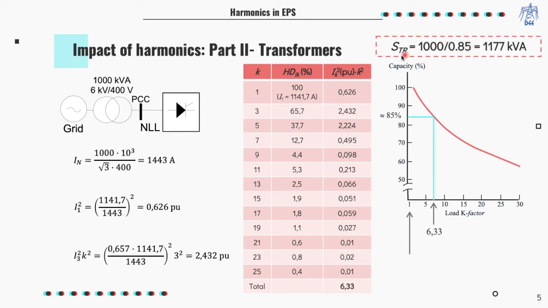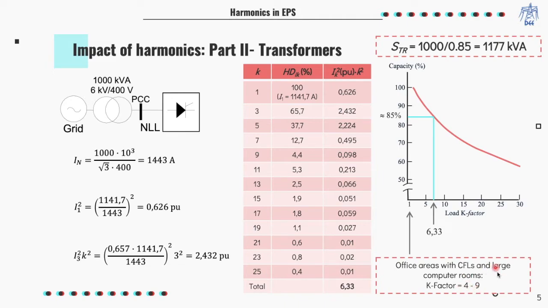In this example, we can observe that the nominal power of the transformer should be increased in order to consider the extra losses due to harmonic current presence. If loads are linear, the K factor is equal to 1, and the capacity is equal to 100%. In office areas with compact fluorescent lamps and large computer rooms, the K factor is usually between 4 and 9.